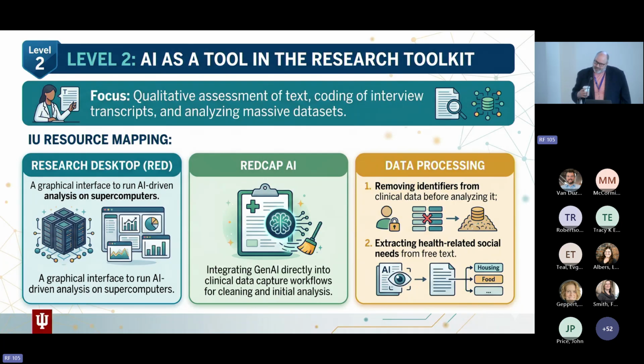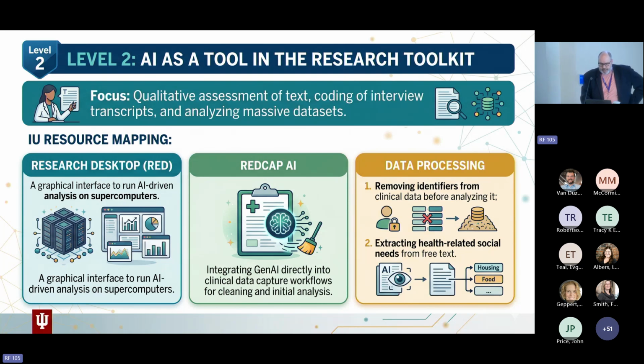Now, the computer scientists and the informaticians might do research on those tools. Another example, Katie Allen's in the room, using AI to extract social needs from structured records. Again, this tool may be used to gather the data that you need to perform your research, and AI is beginning to enable that.